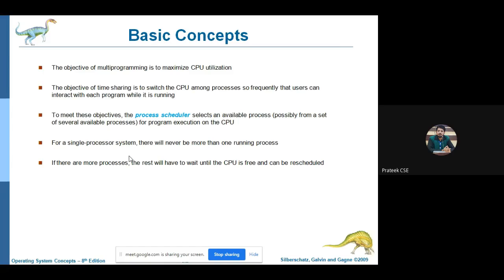If we have more processes, the rest have to wait until the CPU is free, and only one process at a time will be assigned to the CPU. We have studied the entire concept of multi-programming and multitasking earlier.